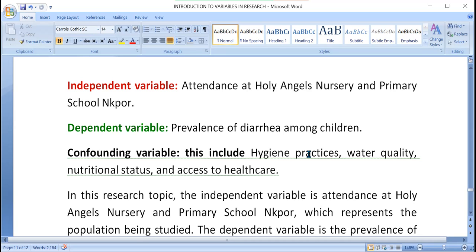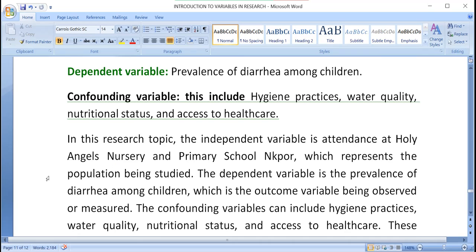For us to establish that there is a relationship between attendance at Holy Angels Nursery and Primary School and existence and prevalence of diarrhea among the school children. In this research topic, the independent variable is attendance at Holy Angels Nursery and Primary School, which represents the population being studied.